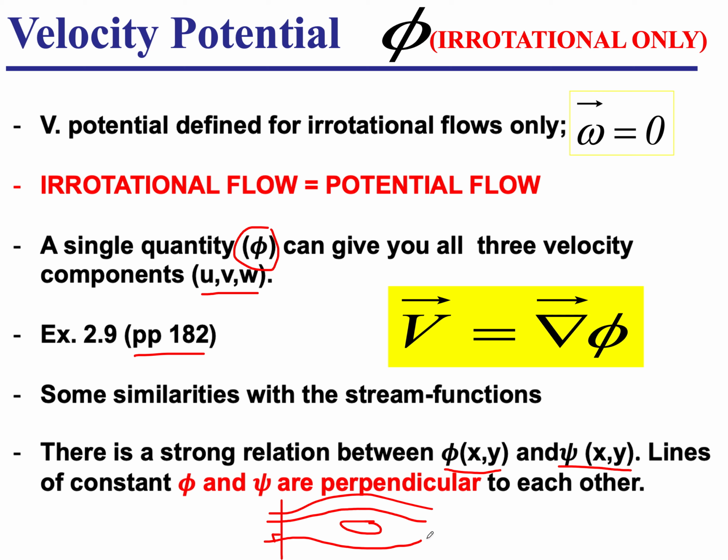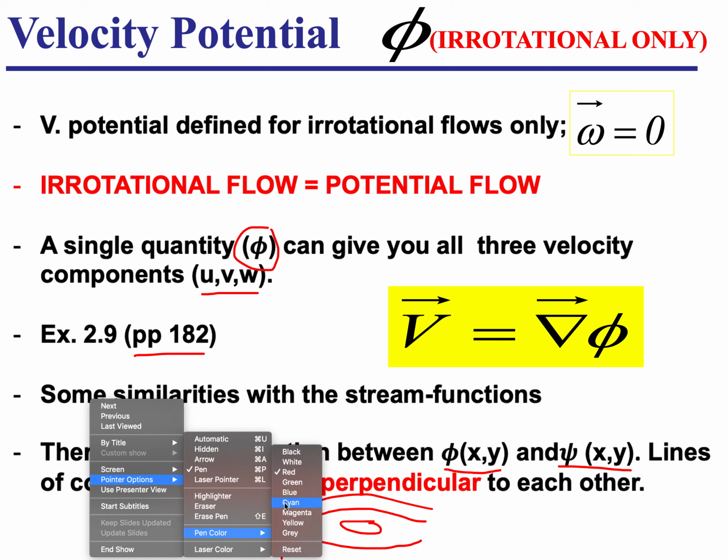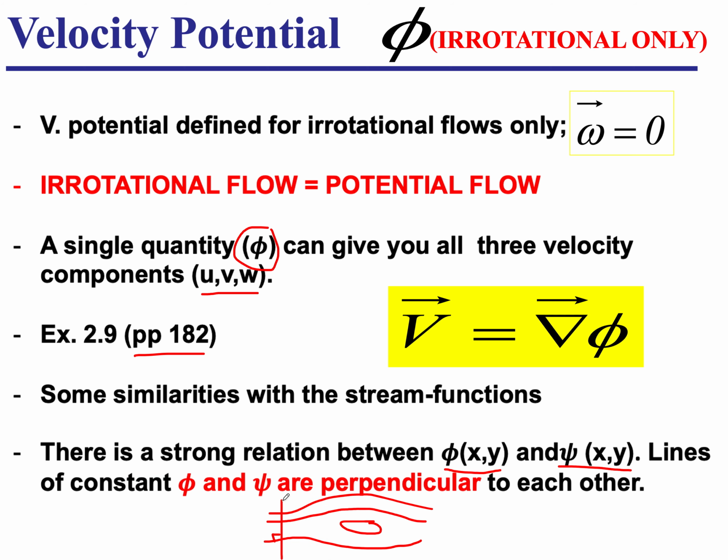I've drawn here the stream functions, and this perpendicular line is the velocity potential. I'm drawing the velocity potential in blue, something like this, and here it goes like so. So you get the idea that the stream functions and the velocity potential lines are perpendicular to each other.